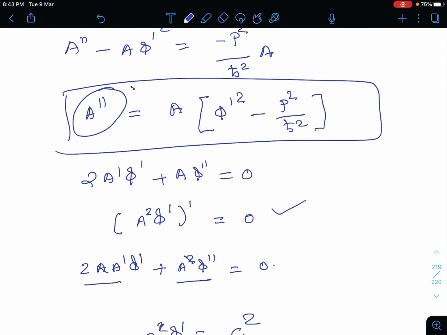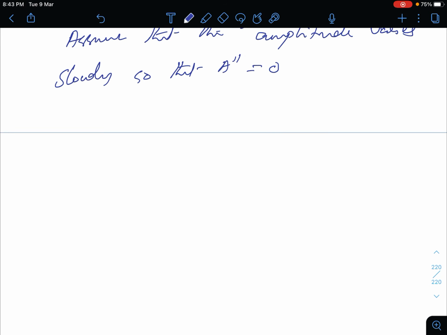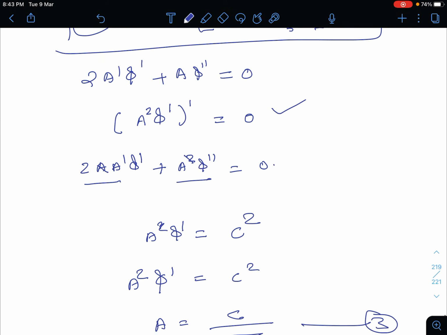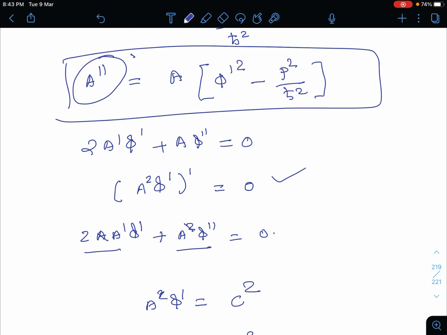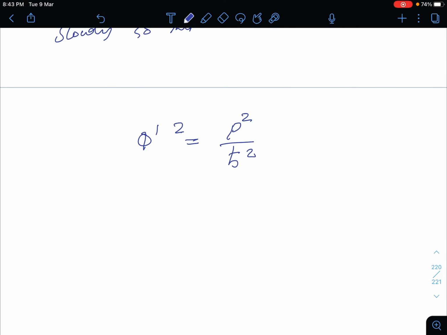Okay, so in that case what will happen? Phi dash square is equal to p square by h cross square. Look, this becomes 0, it can be cancelled. That means phi dash square is equal to p square by h cross square. And phi dash is equal to plus or minus p by h cross.